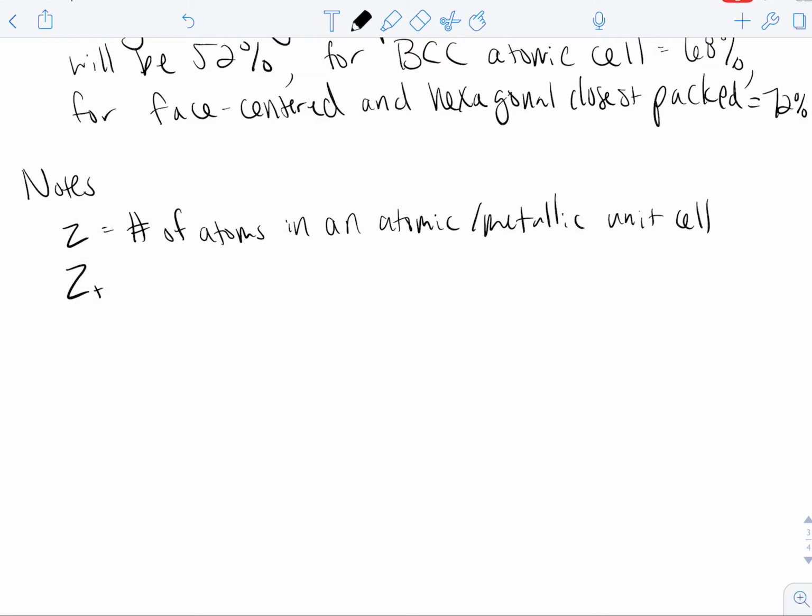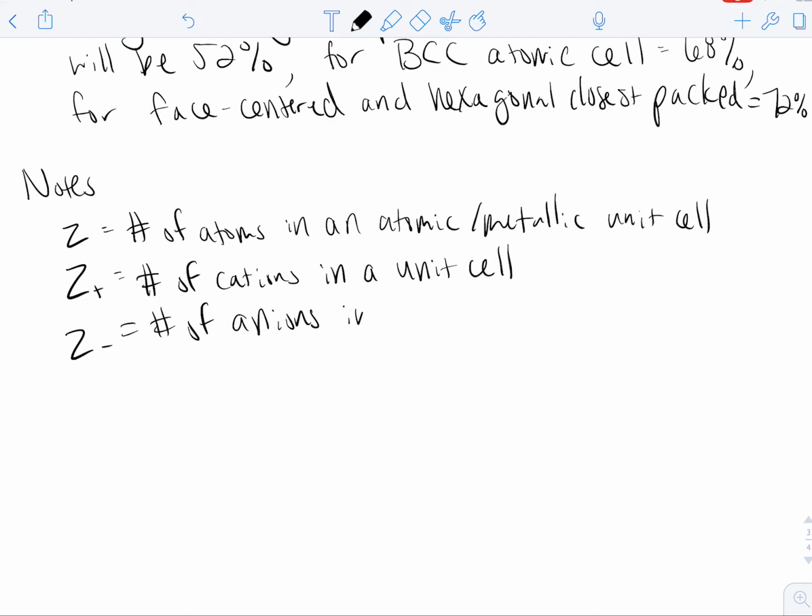Z plus is going to be the number of cations in a unit cell. Z minus is the number of anions in a unit cell.